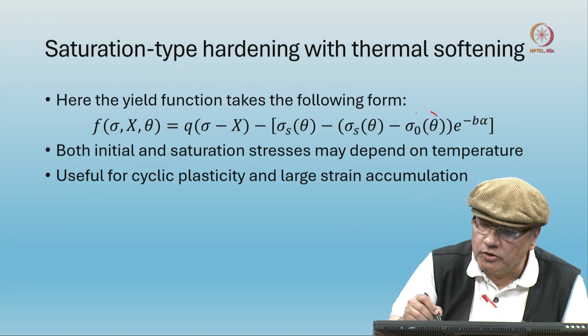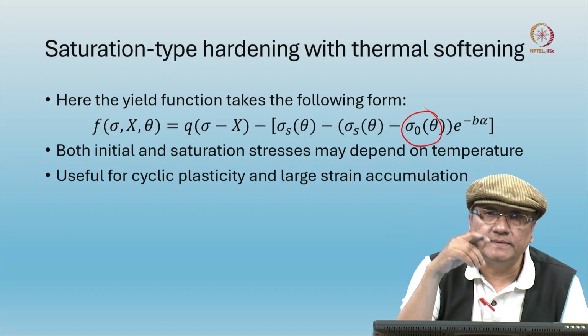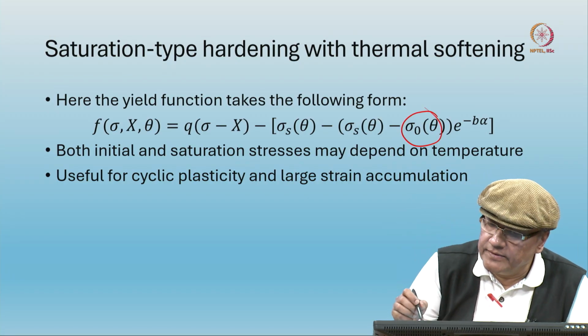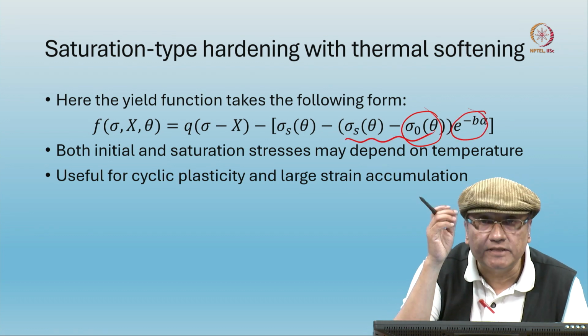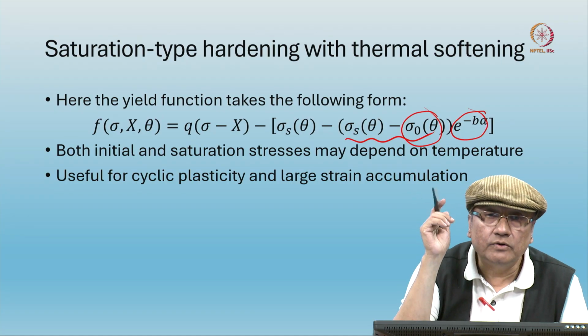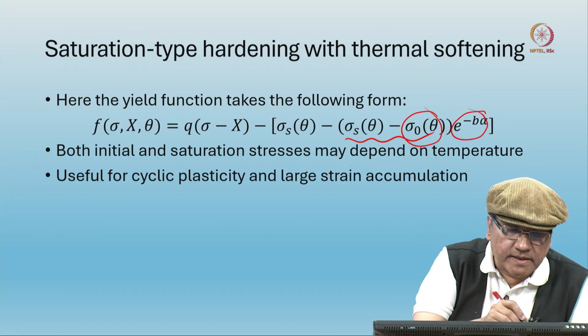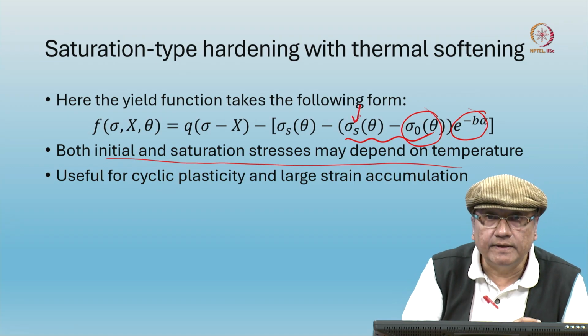So sigma 0 is the initial thing, right. It can also be a function of theta, okay, and there is a thermal part multiplying this factor, sigma s minus sigma 0, okay.